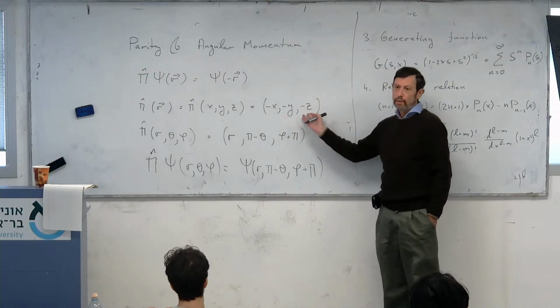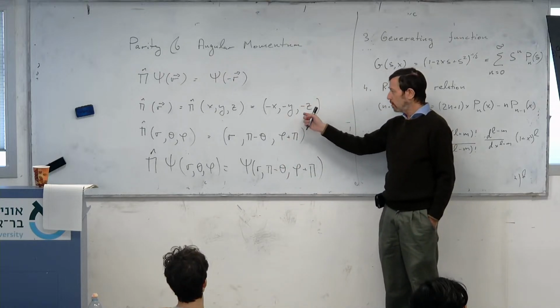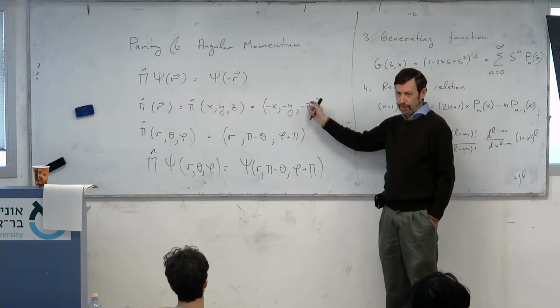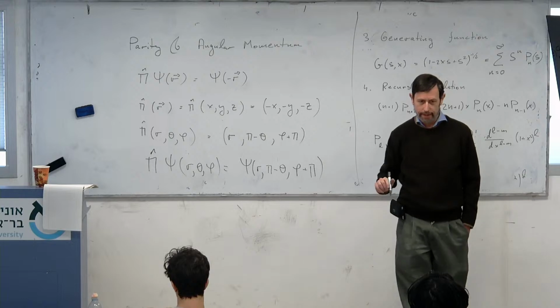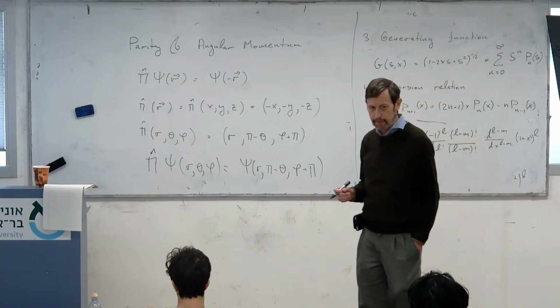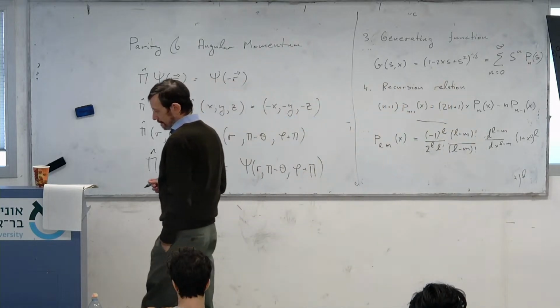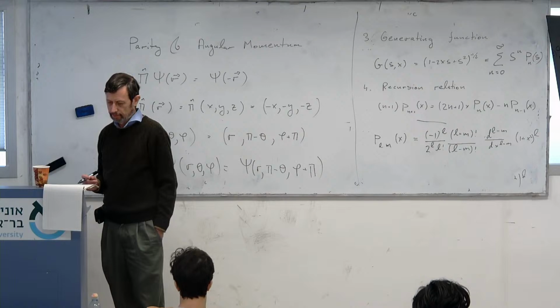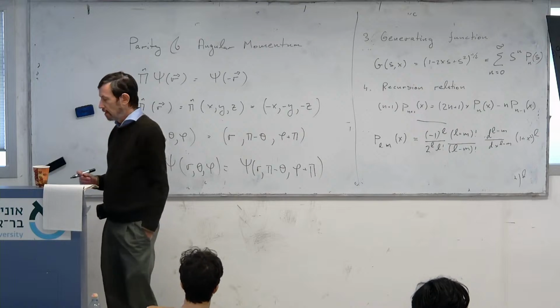If you can't see it with a drawing, just put in the definitions of theta and phi according to x, y, z, and see that that's what happens. Okay.